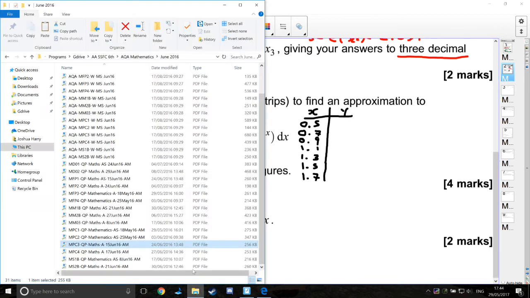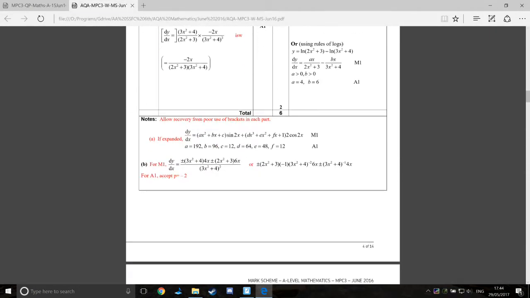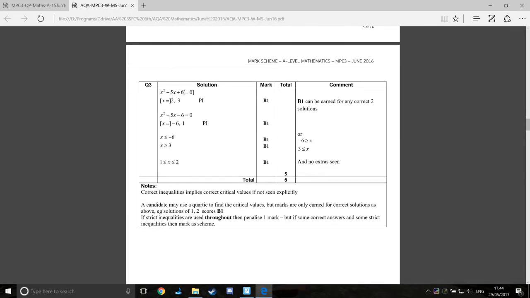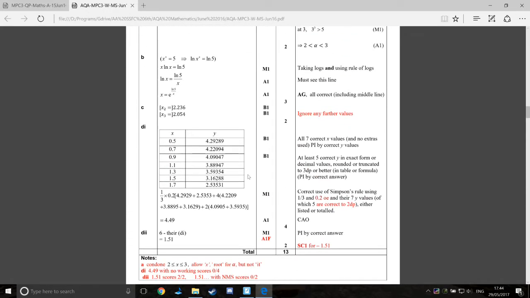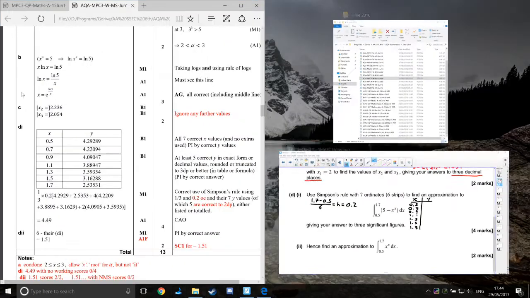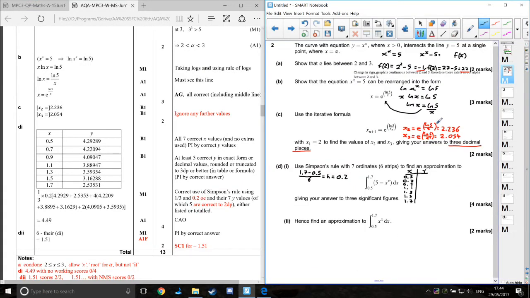Now, the mark scheme for this should have these written out fairly clearly. Oh, gone too far. And there they are.